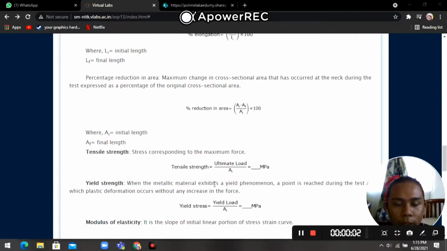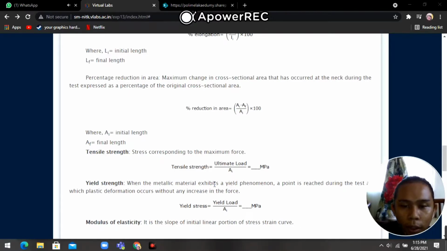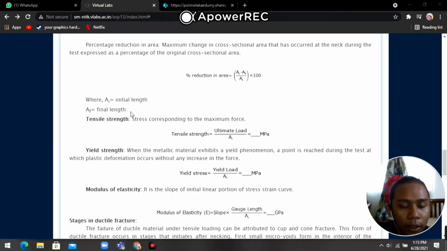So the percentage reduction in area equals Ai minus Af divided by Ai multiplied by 100, where Ai equals initial area and Af equals final area. Tensile stress corresponding to the maximum force: tensile stress equals ultimate load divided by Ai, in MPa.